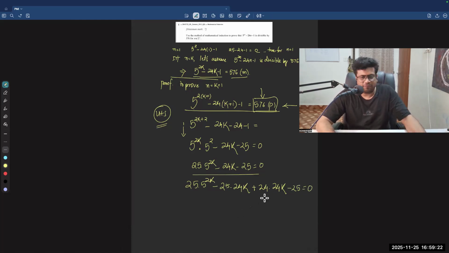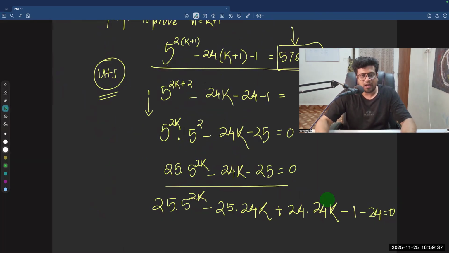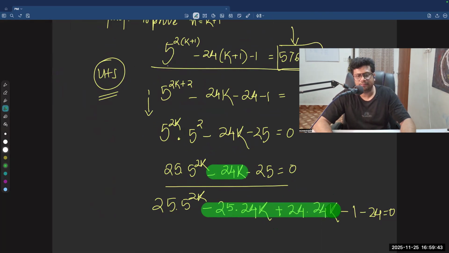And I can also bring a 1. Let's bring a 1 here. Minus 1 minus 24 minus 24 equals 0. Look at what I did here, okay? Watch. Let's bring this thing here. A highlighter. I split this into that and this.